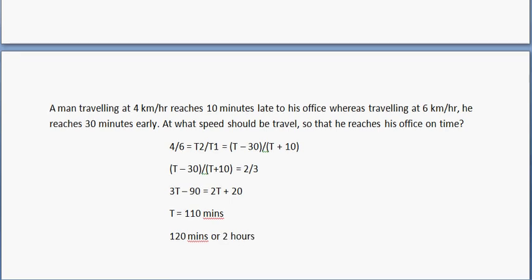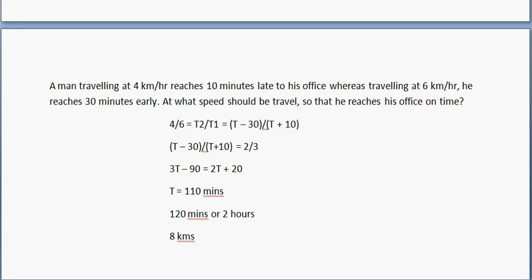So what is the distance of his office? It's 8 kilometers, right? So to travel 8 kilometers, if he has to take 110 minutes, at what speed should he travel? He should travel at 8 divided by 110 divided by 120. Obviously we have to change it into hours so that we get the speed in kilometers per hour.